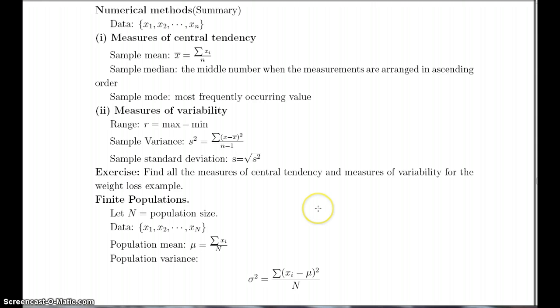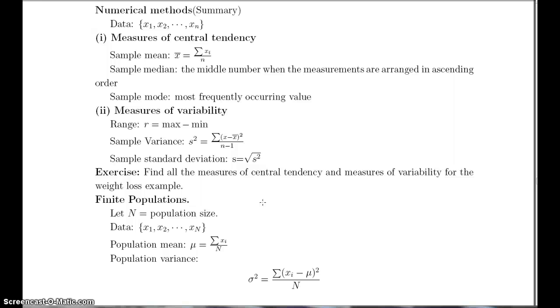Now, of course, in general, populations are very large. If I want to find the average age in this country, I would have to check the age of more than 300 million people, so that's a very large population.